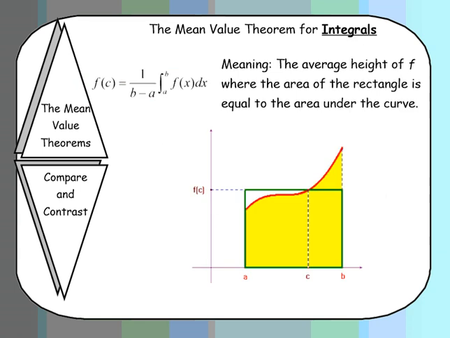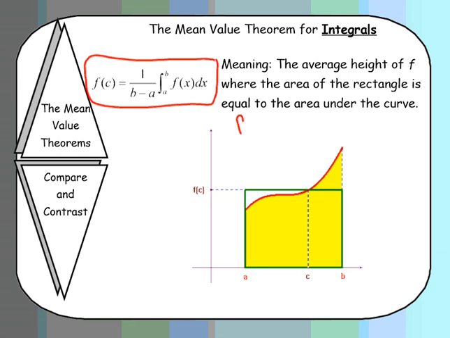However, here's your mean value theorem for integrals. This formula, the one that we've been writing down, says that the average height of f for the area of the rectangle is equal to the area under the curve. So all of the yellow here that's under the curve is equal to that rectangle.